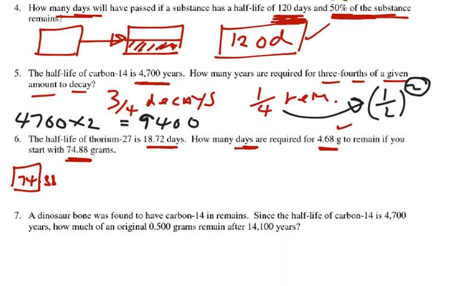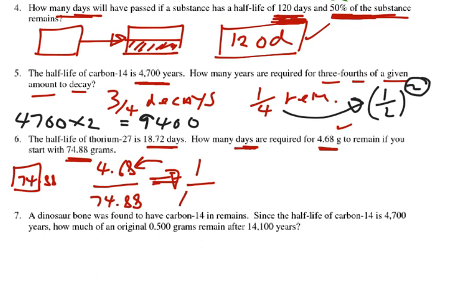Or you can simply say, okay, if I have 4.68 over 74.88, I can say that 4.68 into 4.68 gives me 1, and 4.68 into 74.88 gives me 16.